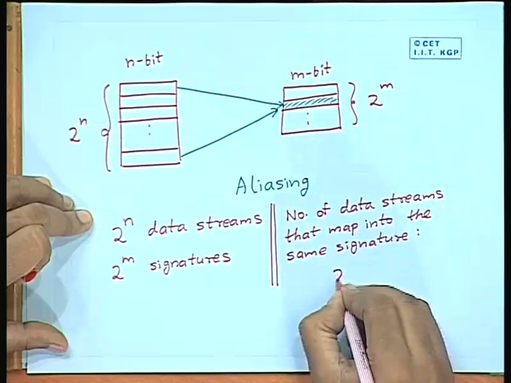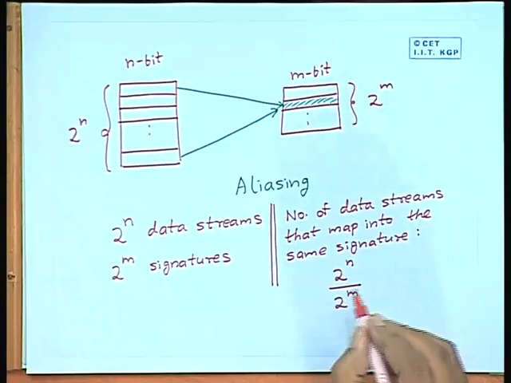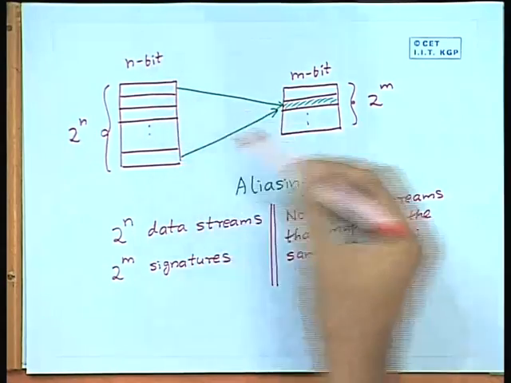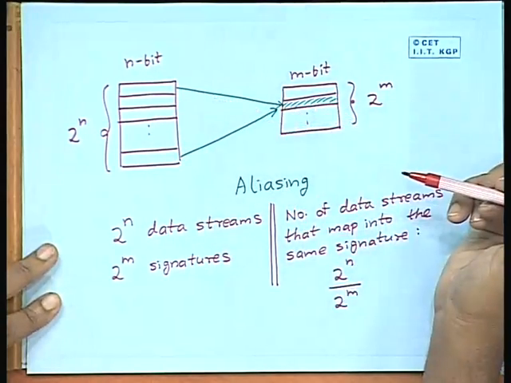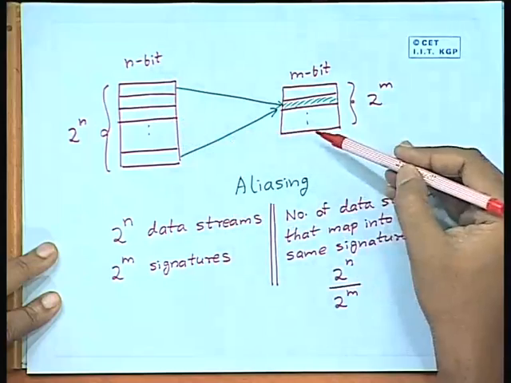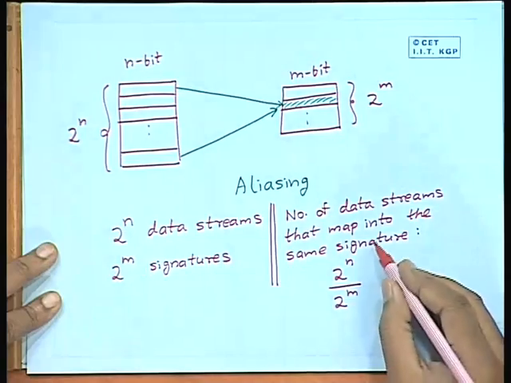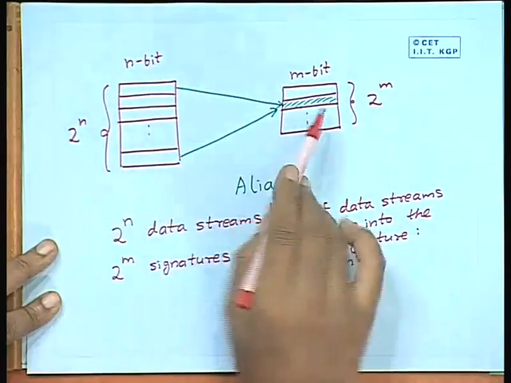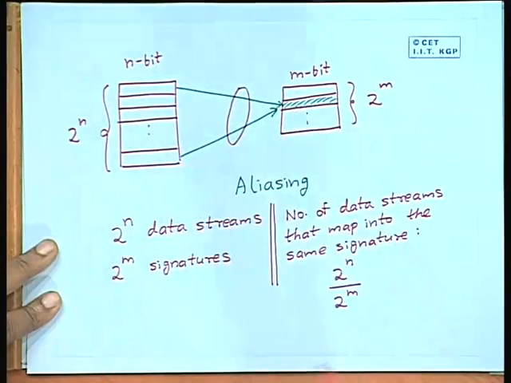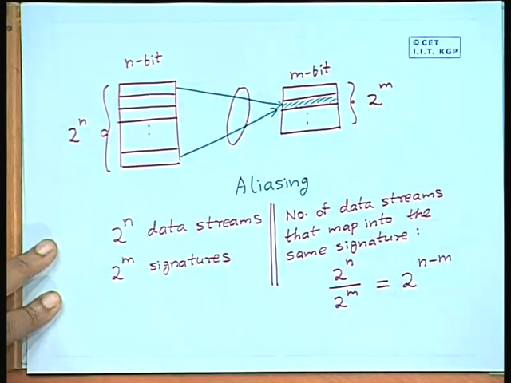This will be 2 to the power n divided by 2 to the power m. Here we have made a gross assumption: we are assuming that the patterns are uniformly distributed with respect to where they map. It is not that more patterns are mapping to this signature and fewer patterns to some other signature. No, we are assuming a uniform distribution. So, the number of data streams, that means the cardinality, which can map into the same signature will be approximately equal to 2 to the power n minus m.